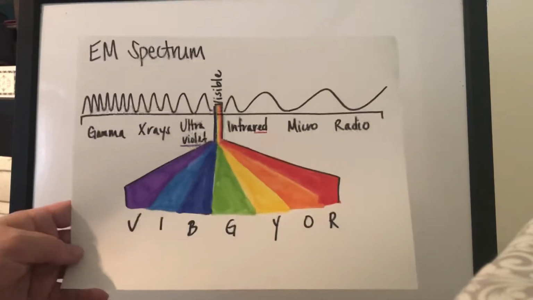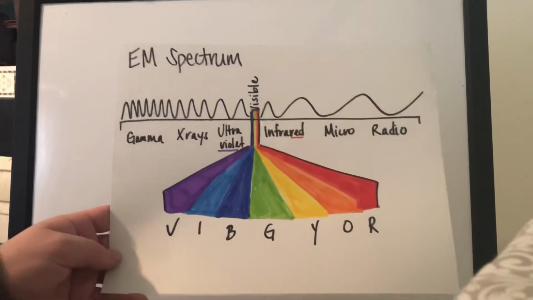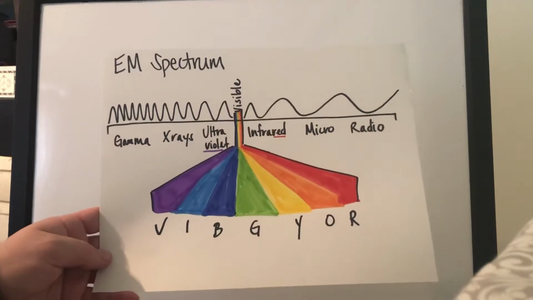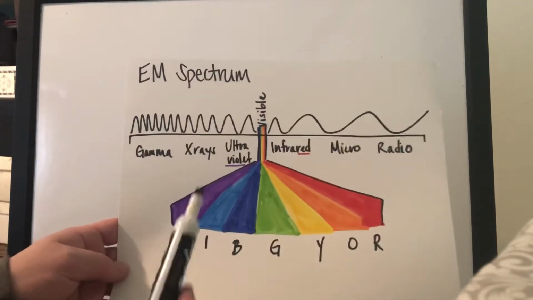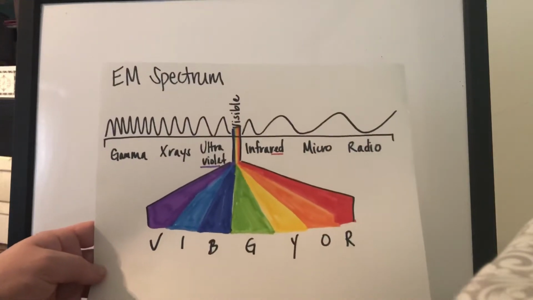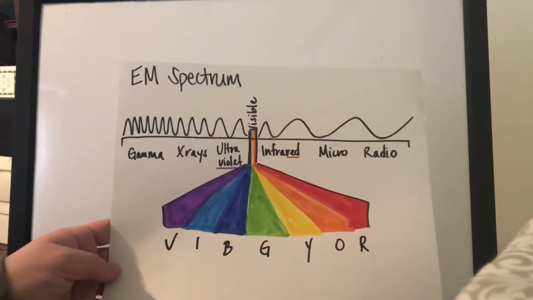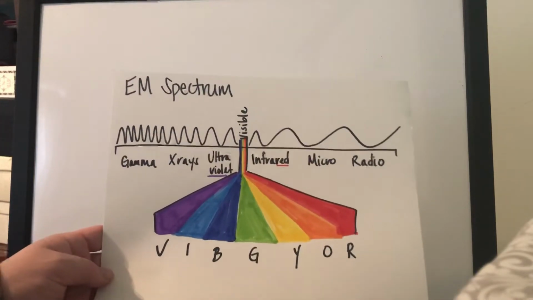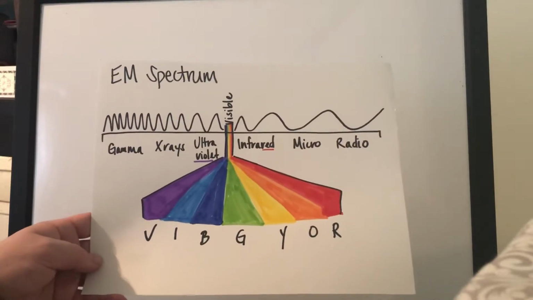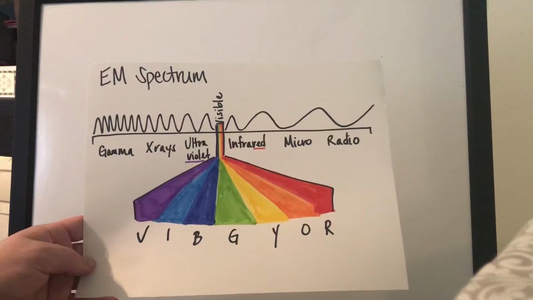Of course, most of us have had an X-ray before, even if it's just been our teeth at the dentist's office. And if you think about it, they put that heavy apron on you to protect you from the X-rays. And then gamma rays. Gamma rays are often used in some types of cancer treatments, chemotherapy, things like that, radiation treatments. So this is the electromagnetic spectrum, and this is something that would be very helpful for you to know.